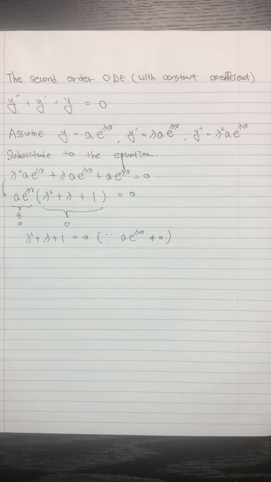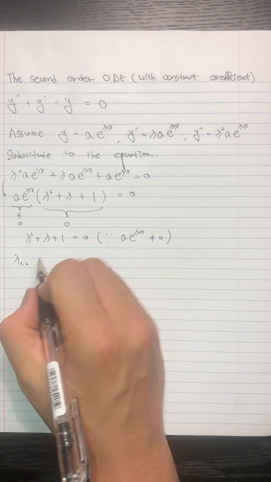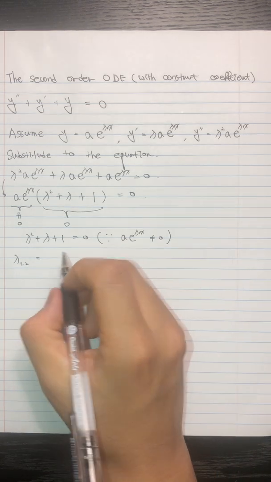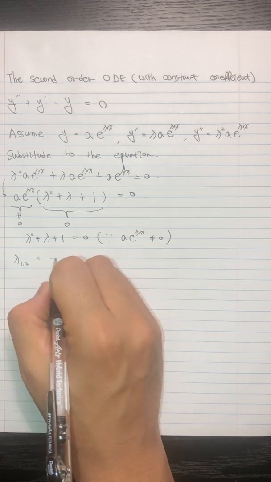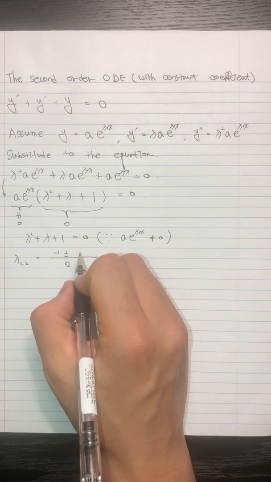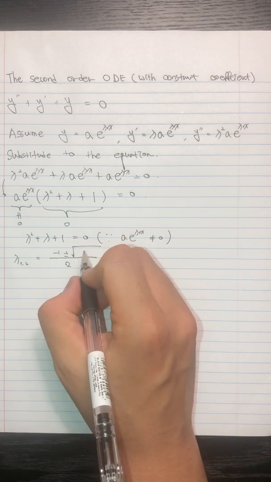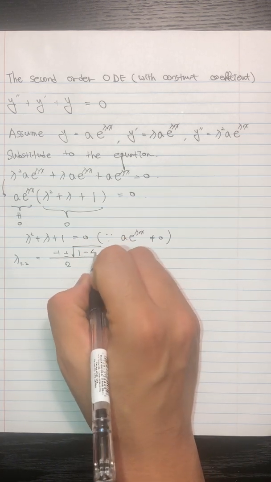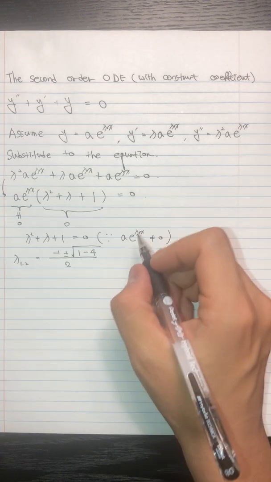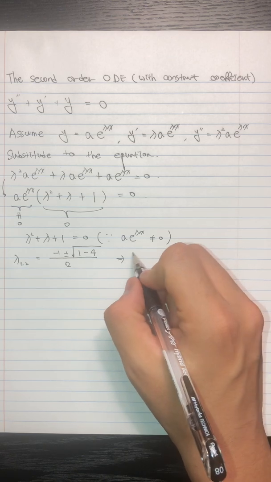Alright, so what are lambda 1 and 2? We can use the quadratic formula, right? So minus 1 plus minus the square root of 1 minus 4, over 2, right? So what is the quadratic formula?